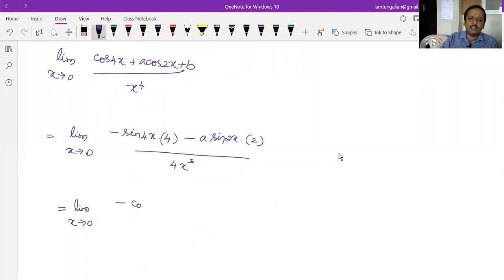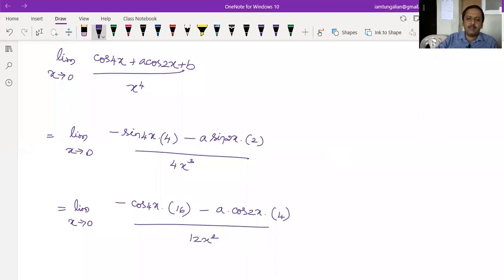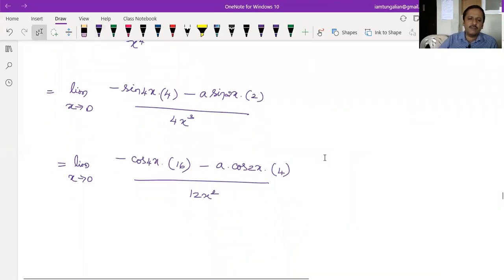That will give you minus cos 4x into 4, already 4 is there, so it will become 16, minus a into cos 2x into 2 into 2, so it will be 4, divided by 12x square. Now, if we apply the limit as x tends to 0, we are going to get minus 16 minus 4a. I'm putting x as 0, cos 0 is 1. So minus 16 here, minus 4a, divided by 0, right?